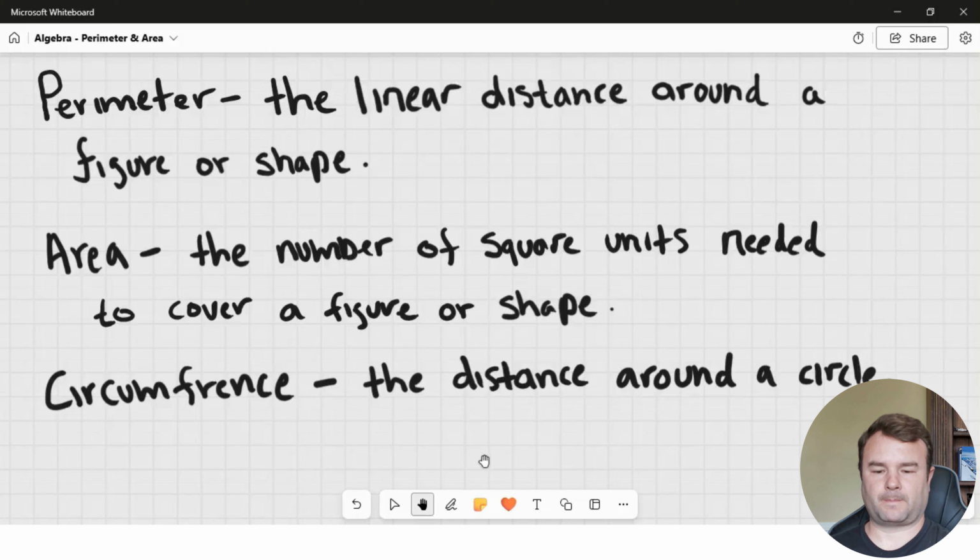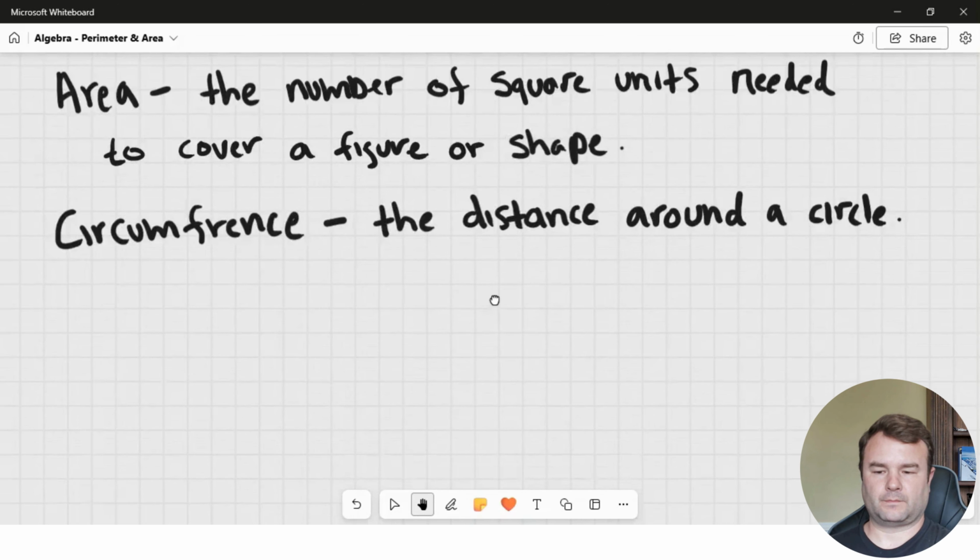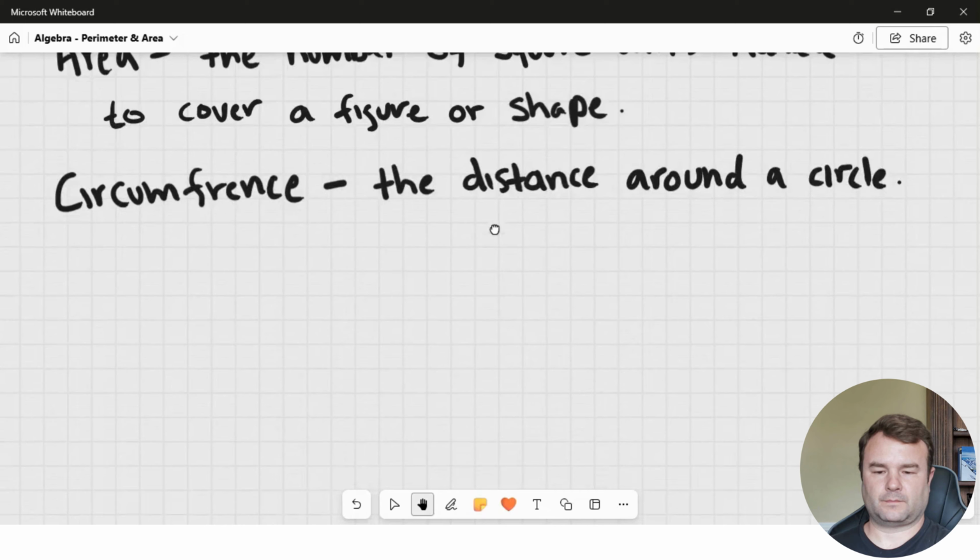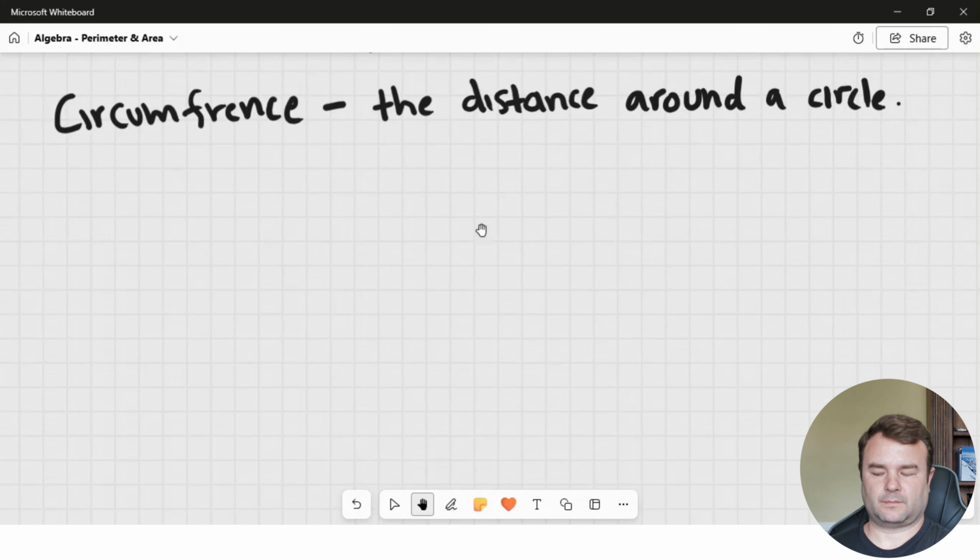All right. So talking more about circles, we're going to need a few other concepts to be defined to find the circumference and the area. So for a circle, we want to first define what the center is.